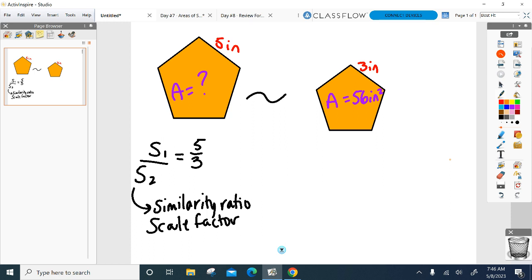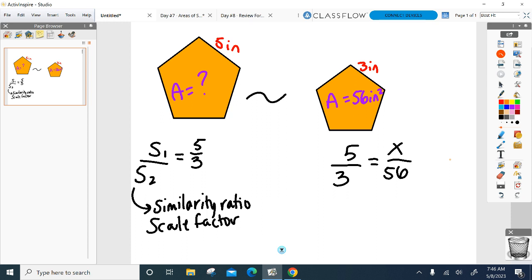Okay. Now, it doesn't make any sense to do this. 5 over 3, the ratio of their sides, equals x, the area of the bigger one, over 56, the area of the smaller one. If you're writing this, you're telling me that the side ratio and the area ratio always equal. That's not what we said, right?